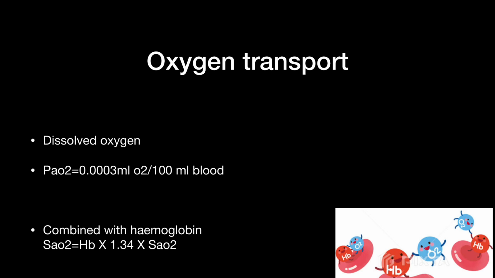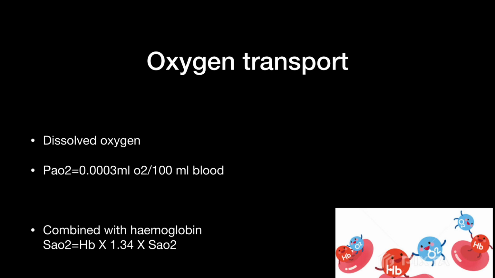Now this oxygen binding occurs in a very fast response to a higher partial pressure of oxygen in the lung. When hemoglobin binds with oxygen, it is called oxyhemoglobin. When one oxygen binds to hemoglobin, the other molecules also readily bind with the hemoglobin, and this is what we call cooperative binding.